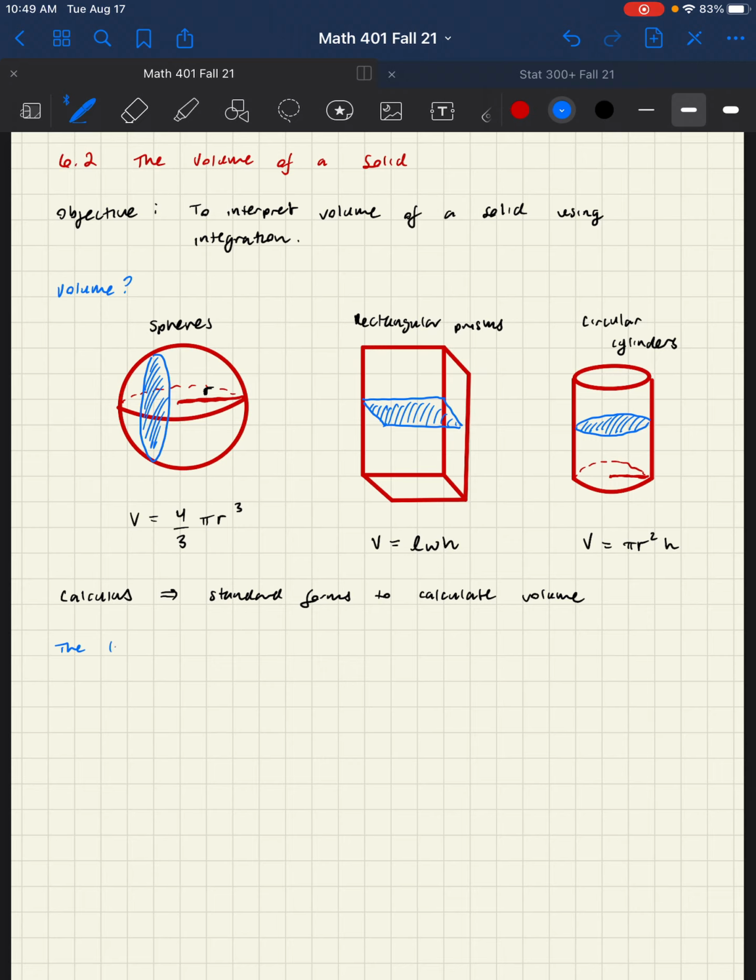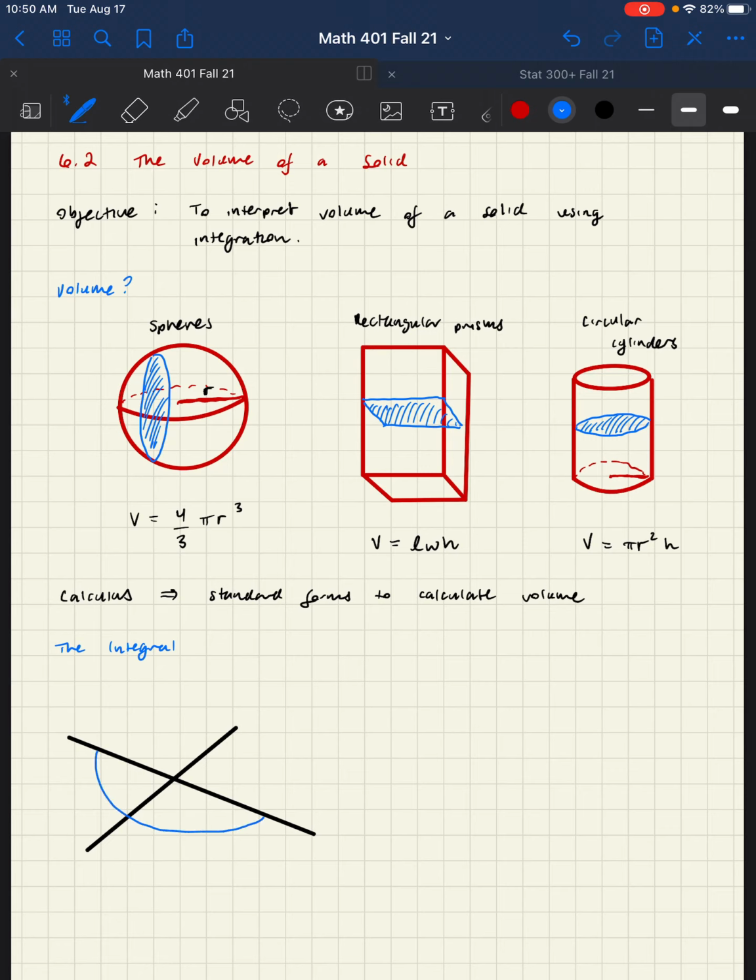So first things first, let's develop the integral. For the sake of clarity here, I'm going to draw some solid that is cut parallel along an axis with a plane to obtain a cross section. Okay, so here's my solid.